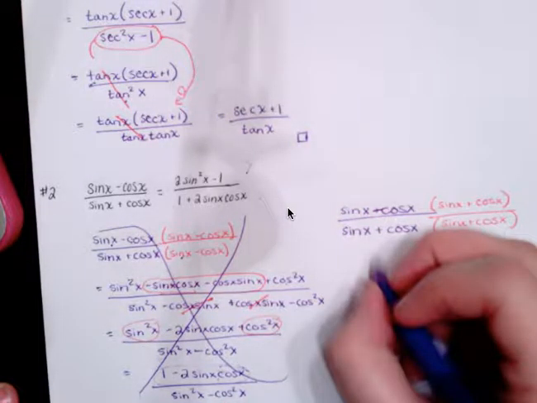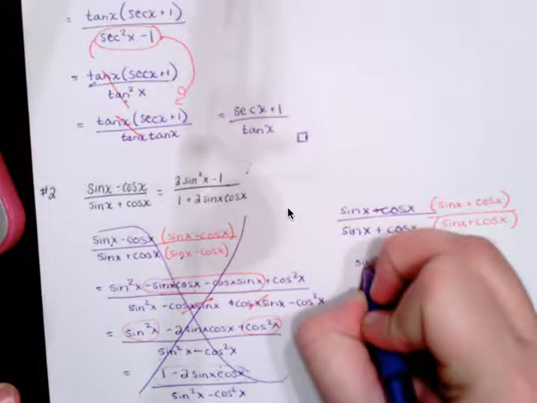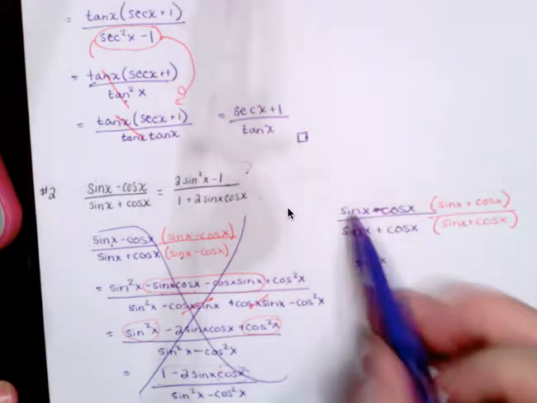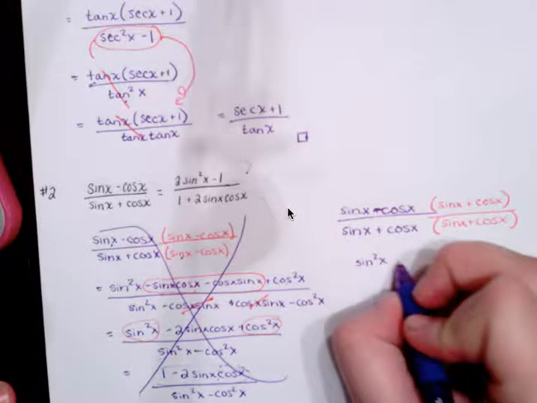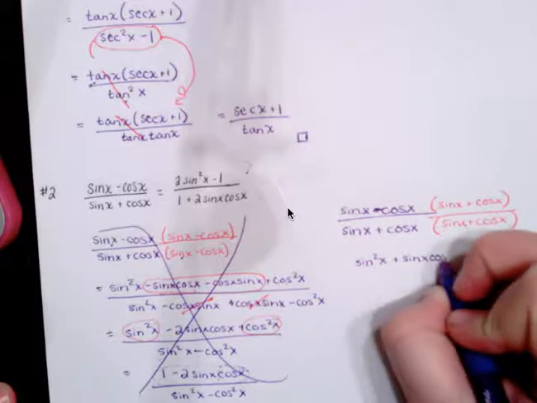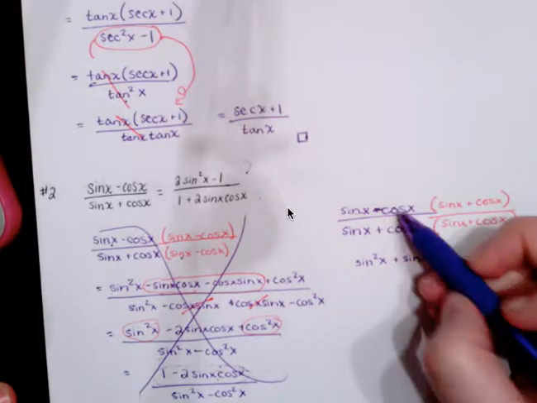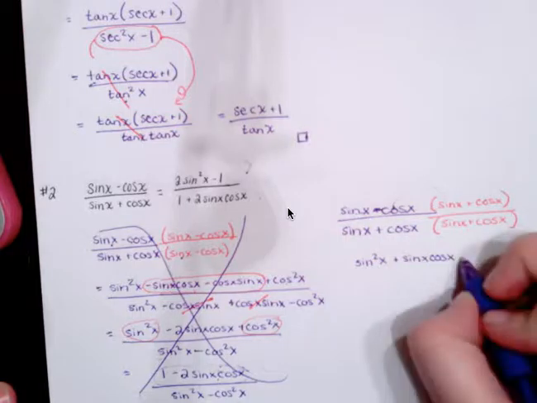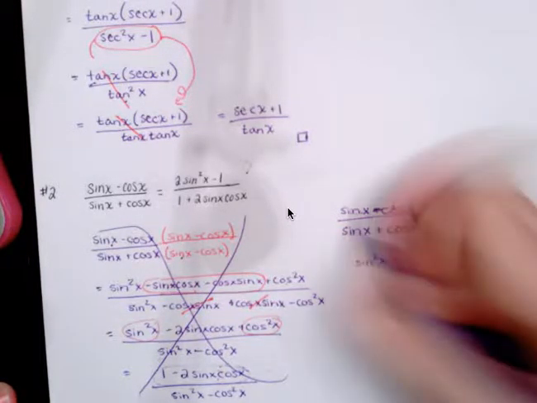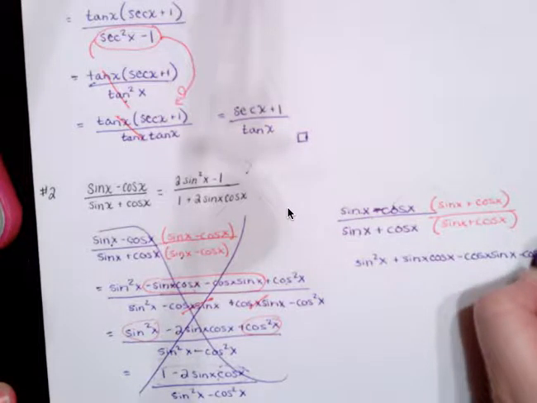So sine times sine is sine squared x. And then this was a minus. I wrote it wrong. Sine times cosine is plus sine x cosine x. This will be negative cosine x sine of x. And then negative cosine squared of x.